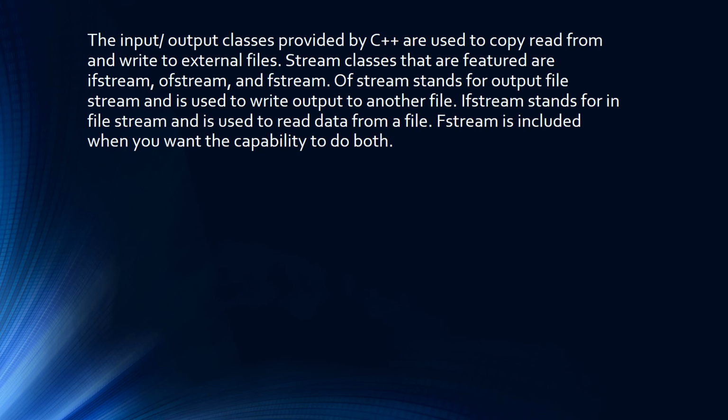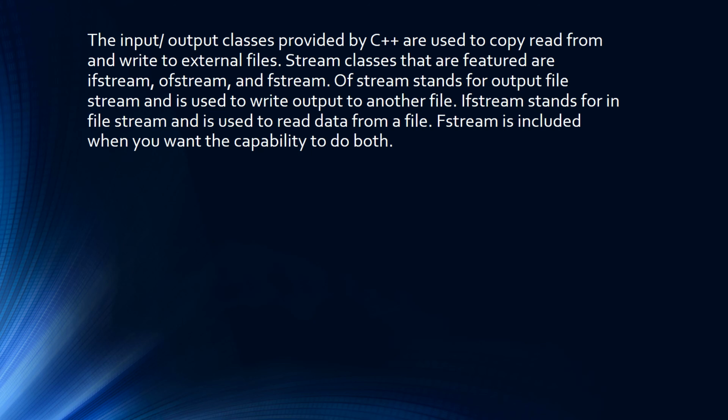And like that, ifstream stands for input file stream and is used to read data from a file. So when you use ifstream and there's an existing file by that name, you can open the file, retrieve information, and use it in your program. And for all three, to properly run your program and make sure there are no compiling errors or wrong data, when you open the file and use whatever you need, you must also close the file.